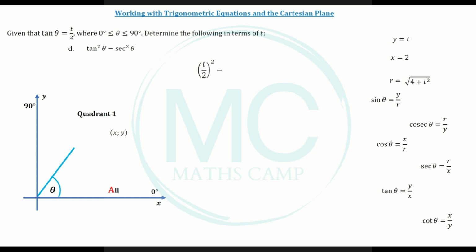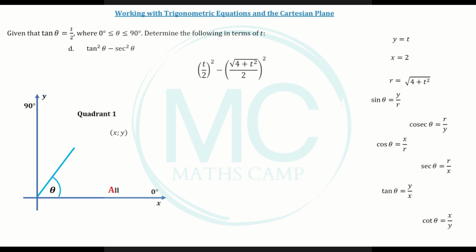Sec theta is equal to r over x. Here r is 4 plus t squared under a square root, and x is 2. So in this case, we can say 4 plus t squared under a square root all over x, which is 2. We are looking at sec squared theta, so let's put our fraction into a bracket and square it.